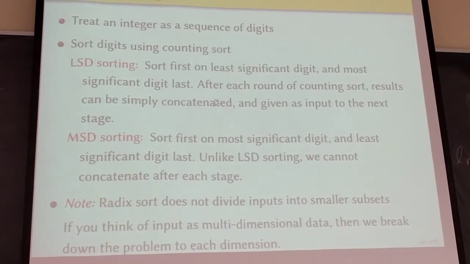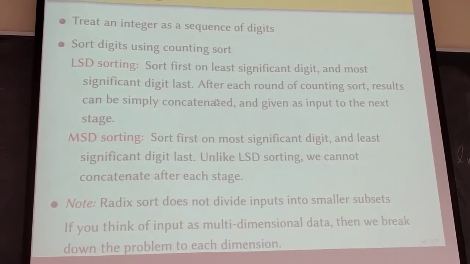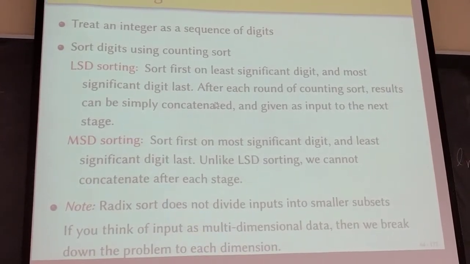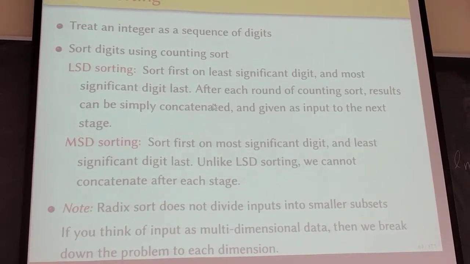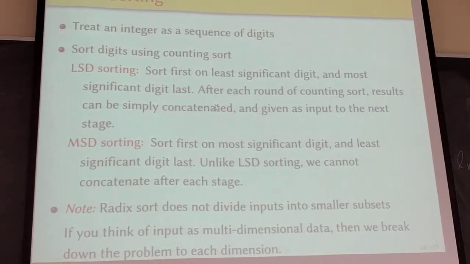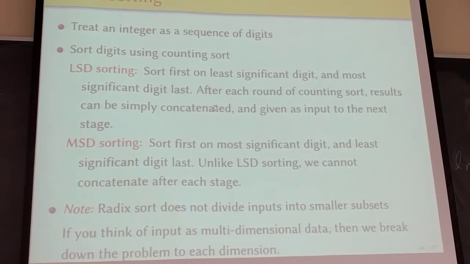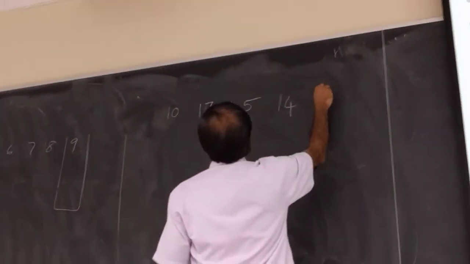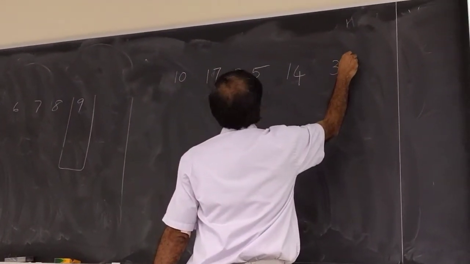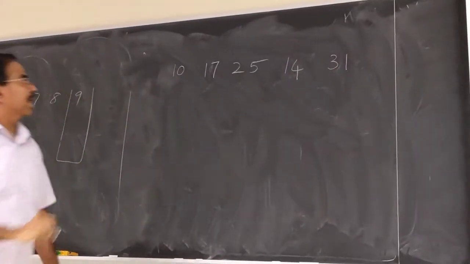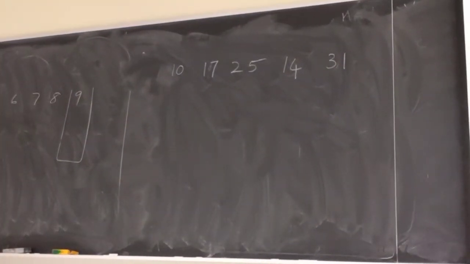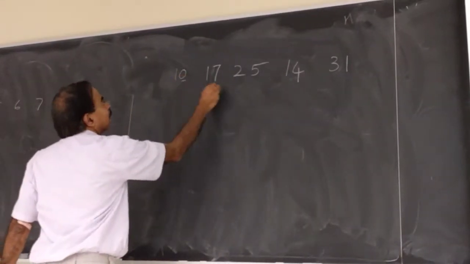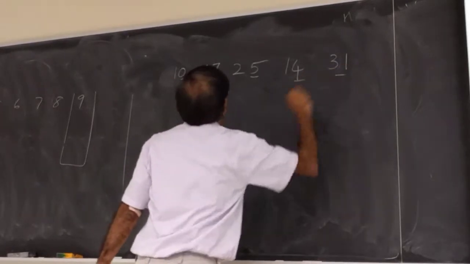So now let's do this again with 2-digit numbers. Let's say we have 5 numbers, and let's say we do LSD sorting, which means that we first put them into buckets.